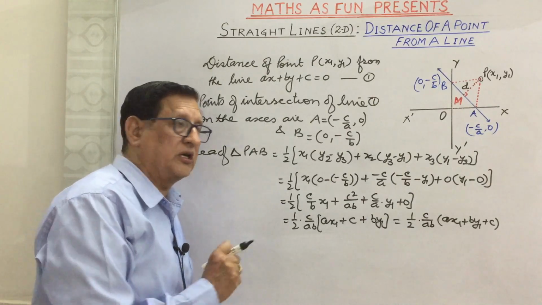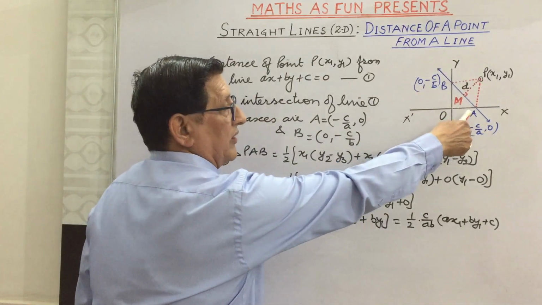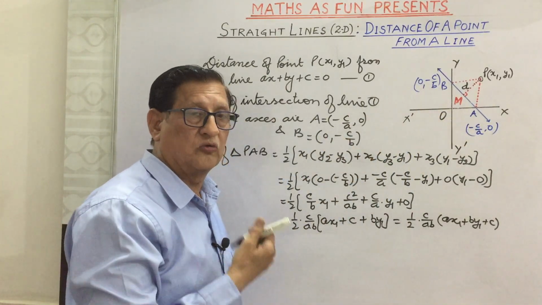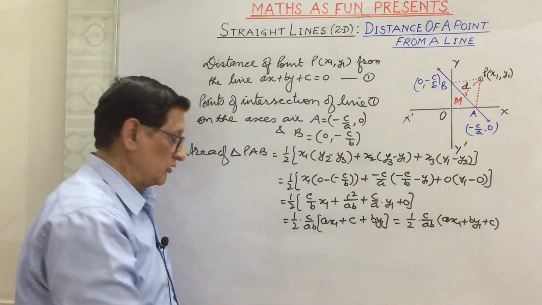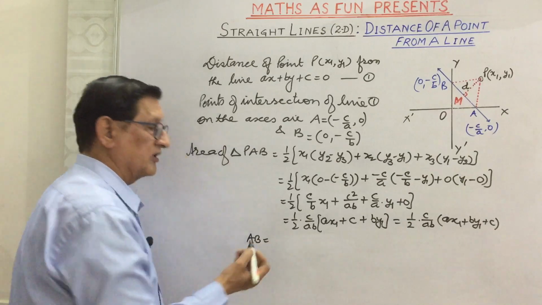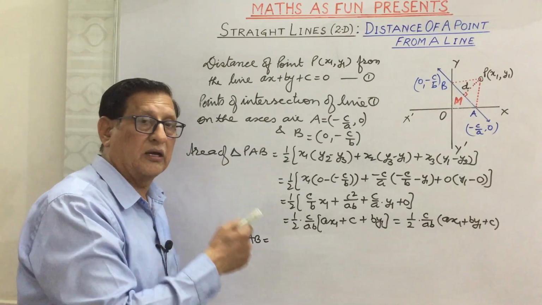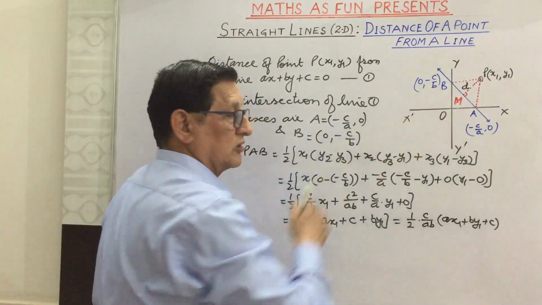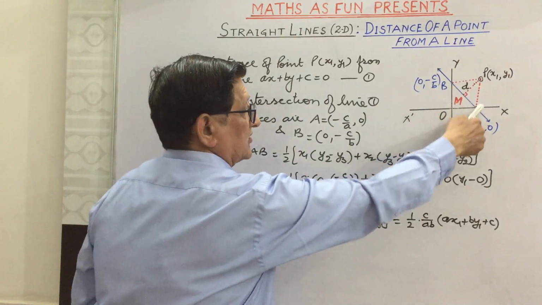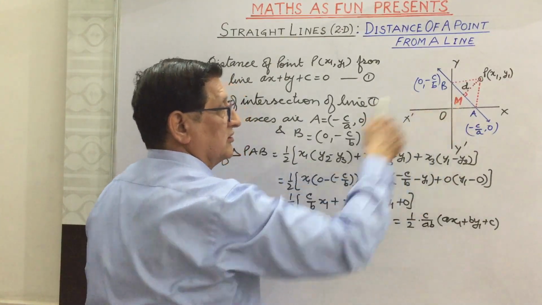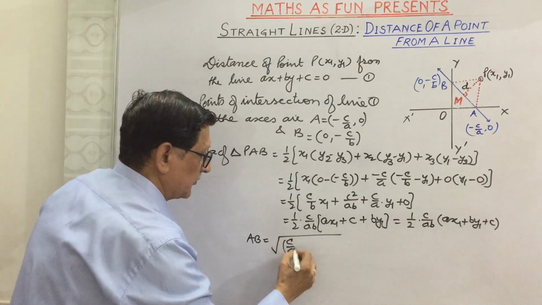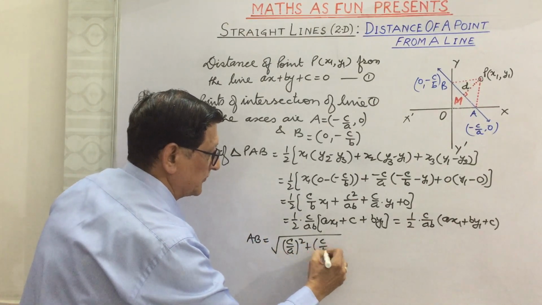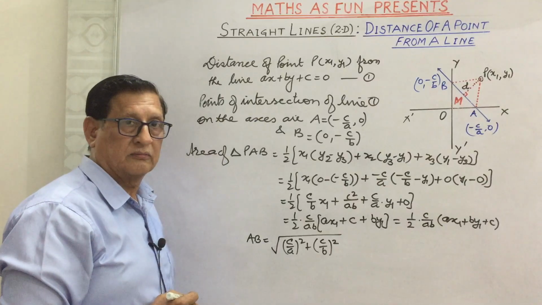Now we will find out the area of the same triangle by applying the formula half into base into altitude. Here base is AB. So first we will find out the length of AB, and that we can find by applying the Pythagoras theorem. Since OA is C upon A and OB is C upon B, the length of AB will be root of C upon A square plus C upon B square.